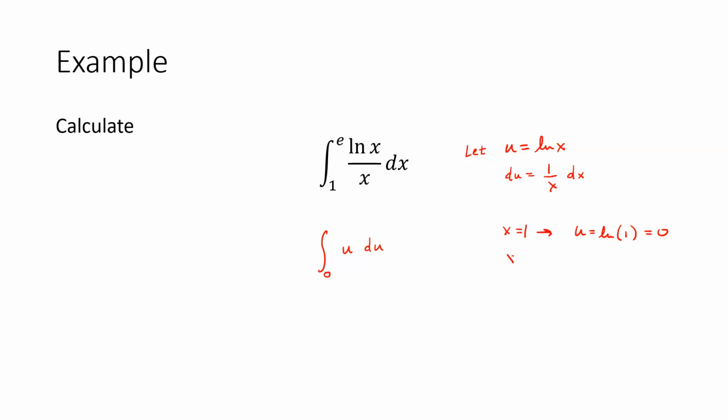And when x is e, well, we know that u equals ln of e, which is 1. So our upper limit becomes 1. And now we have a much simpler integral. Integral of u squared will be u squared over 2, evaluated from 0 to 1. And that will just be 1 squared over 2 minus 0 squared over 2, so just 1/2.